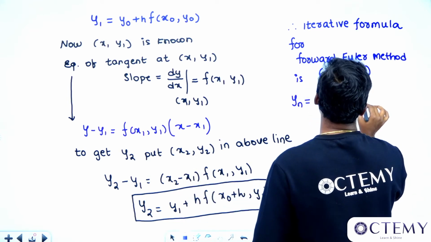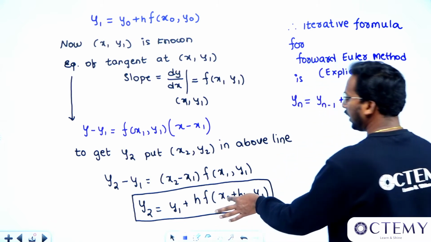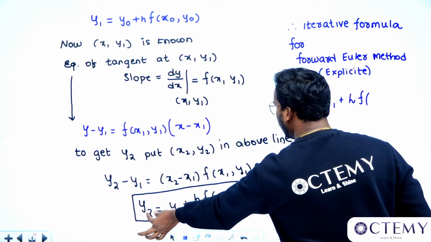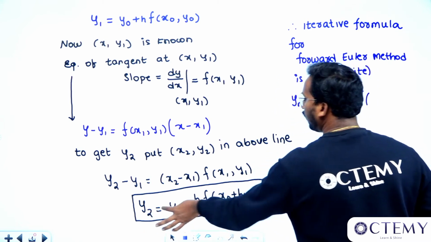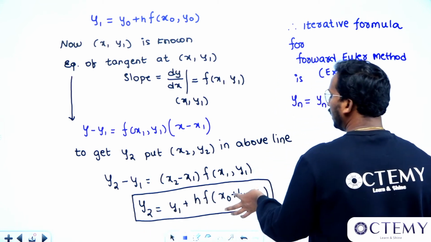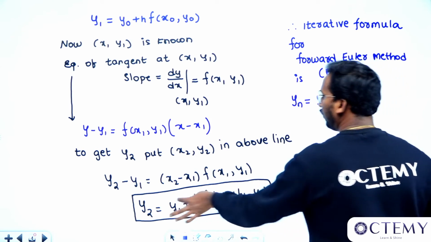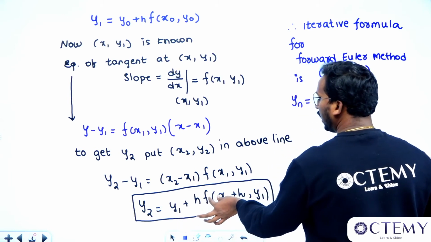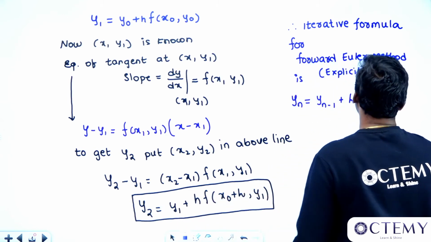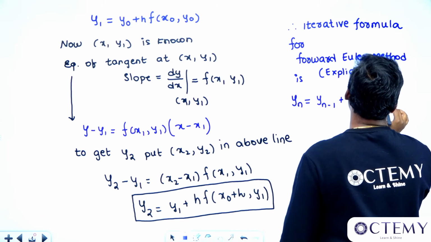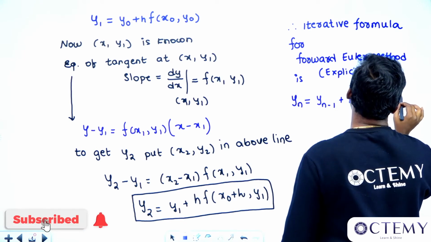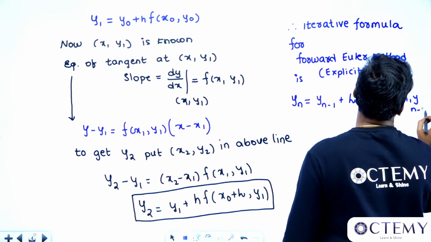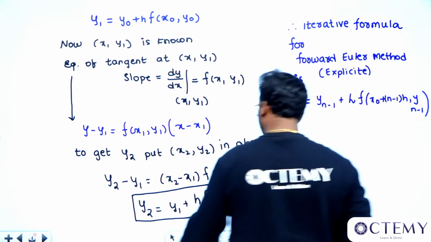This is x naught plus h, so for y2 you got one h. If I want y3, I will get x2, y2: y3 is equal to y2 plus h f(x2, y2). So x2 I can write as x naught plus n minus 1 h, comma yn minus 1. This will be the iterative formula.